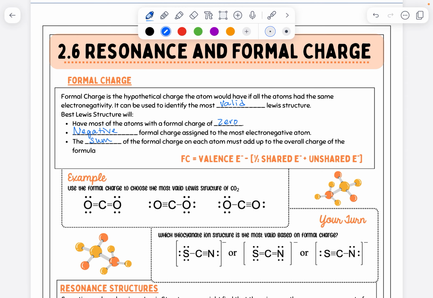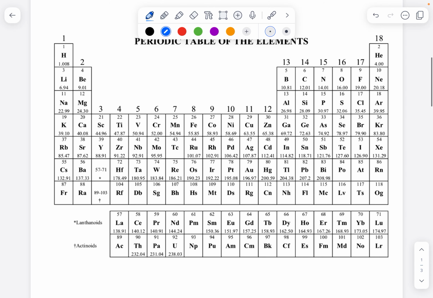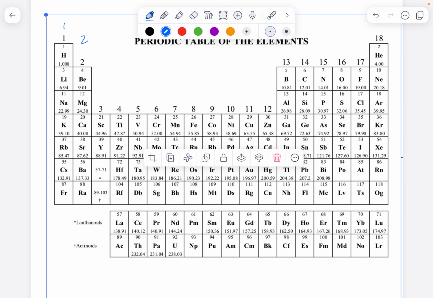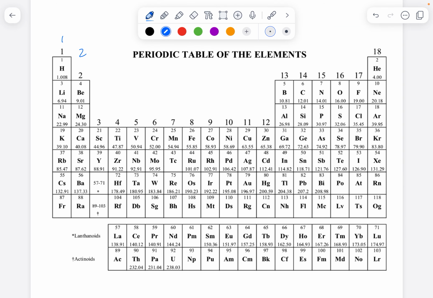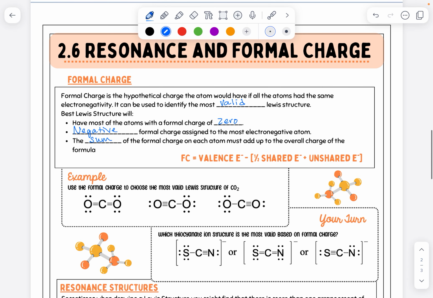So here we have oxygen, and oxygen has 6 valence electrons. So if we look up here, 1, 2, 3, 4, 5, 6, 7, 8. So oxygen has 6. I'm going to use this equation: minus half the shared electrons.